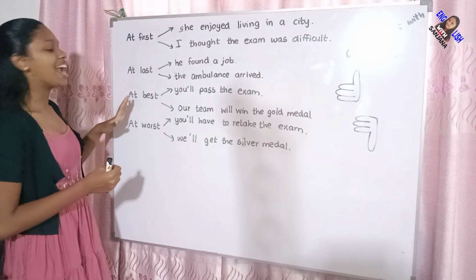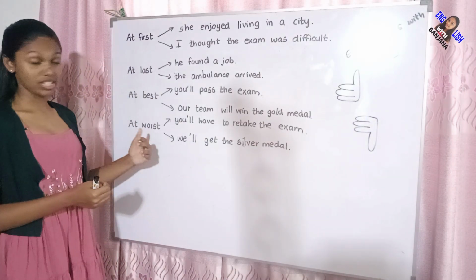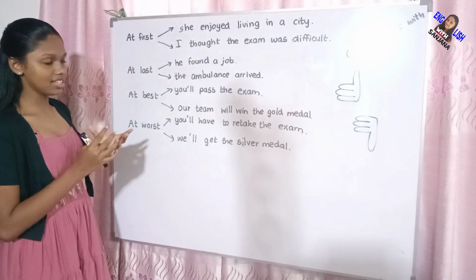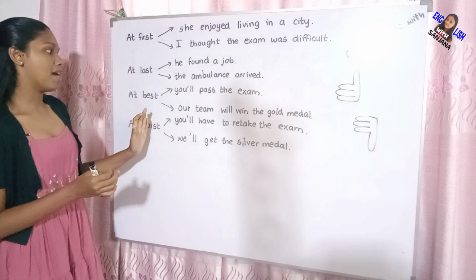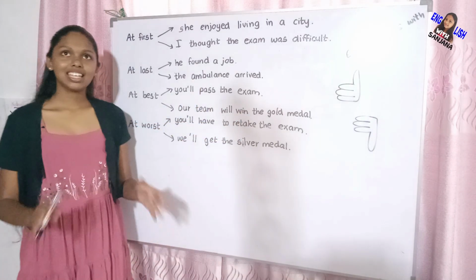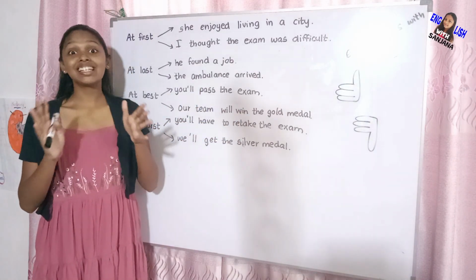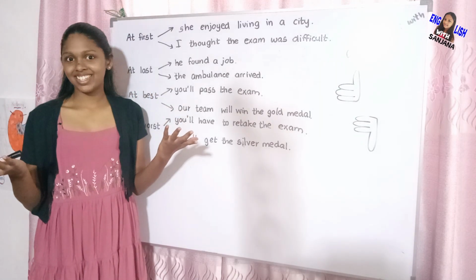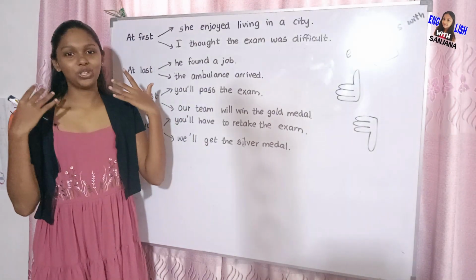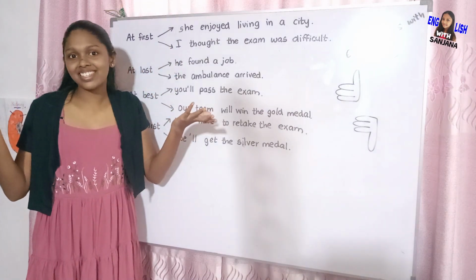The next one is at best and at worst. These two expressions have similar meanings. Let's look at them. At best, you will pass the exam. Let's think of an example. You didn't study for maths and you're really worried whether you will pass the exam or you will again have to retake the exam.